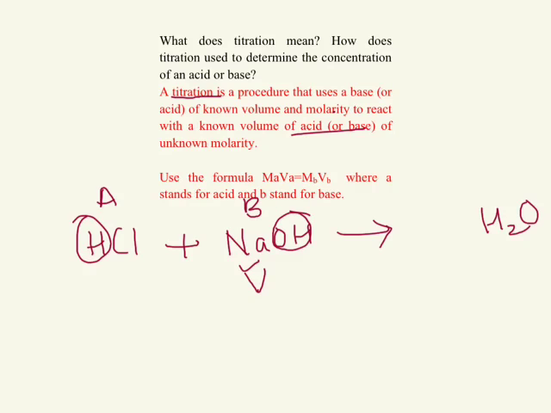So let's say the volume of the base is given to you, and you are also given the molarity, the concentration of base. And what do you have to find out? The concentration of acid. Now here, when you are reacting HCl and NaOH, by adding base, we are neutralizing the acid.